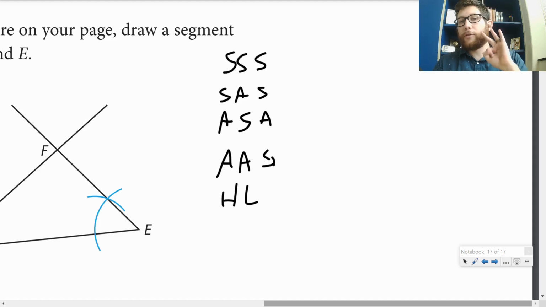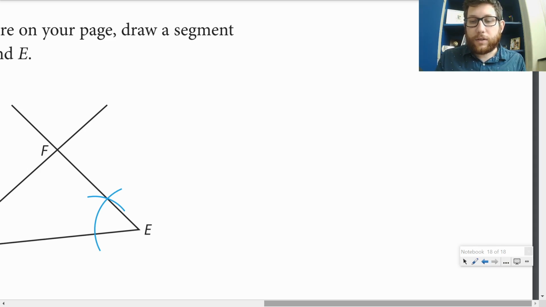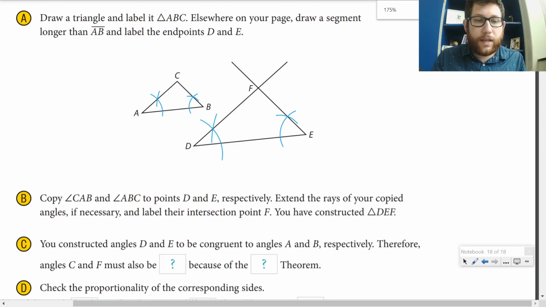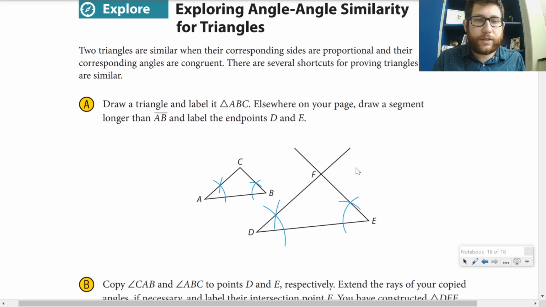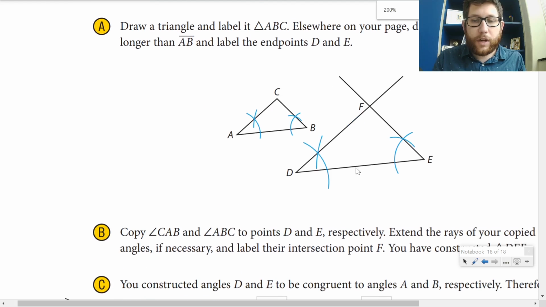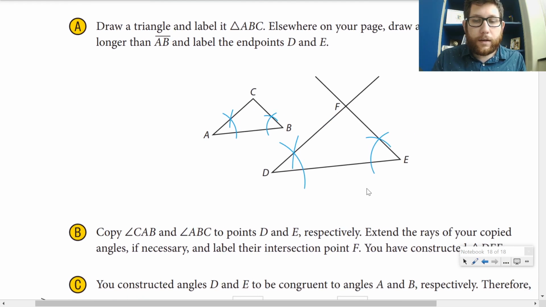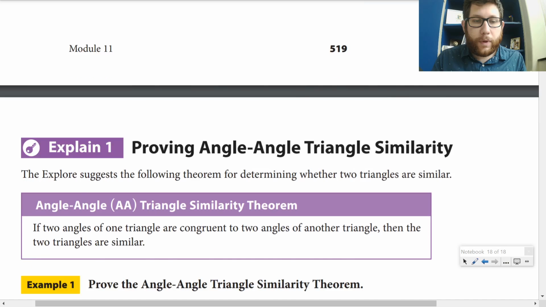We're going to learn about 3 here today for similar triangles. There's actually only 3. That's the only ones you need to know. So let's zoom out here and take a look at which triangle similarity statements work for us. They've got some activities here that we are not going to worry about so much. Instead, let's go on to our first purple box here.